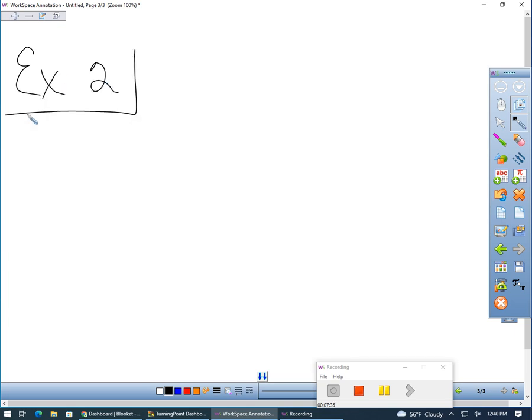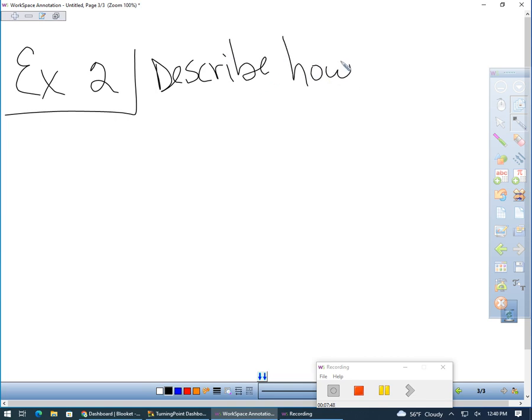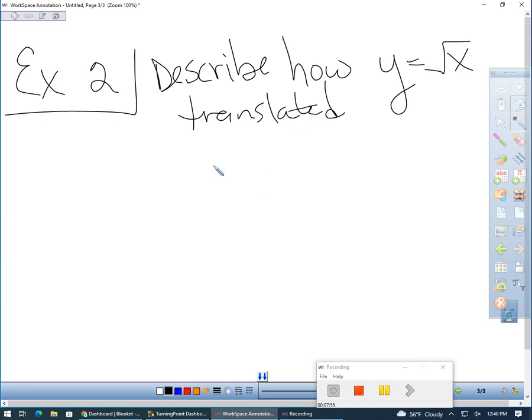Example number 2. Let's say, describe how y equals the square root of x is translated if we have y equals the square root of (x plus 4) minus 2.